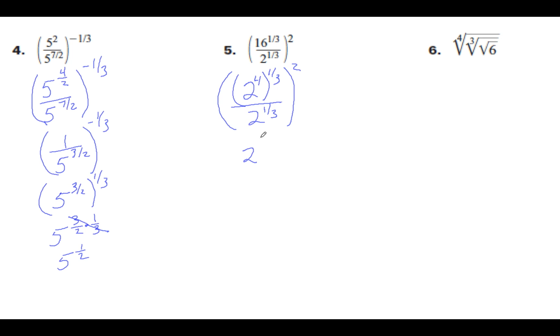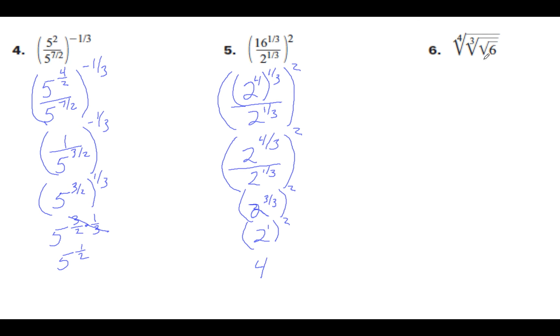So that's 2 to the 4/3 over 2 to the 1/3 squared. Do some subtraction like we did over here on this problem. 4/3 minus 1/3 is 3/3, which is 2 to the 3/3 power squared, which is really 2 to the 1st power squared. 2 squared is 4.